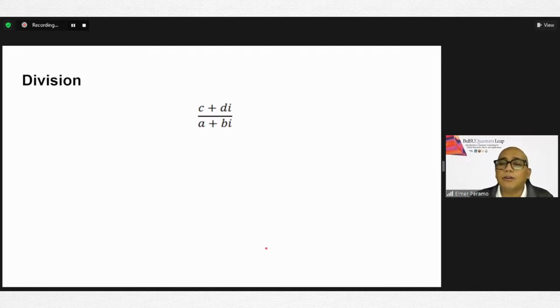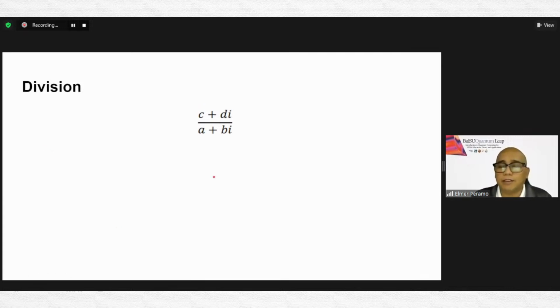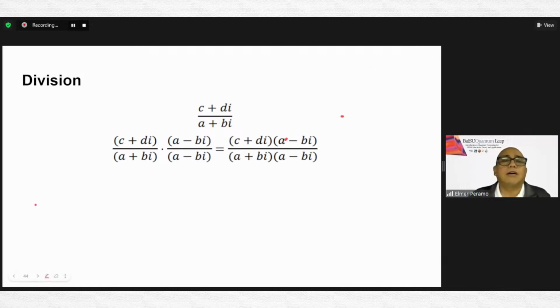Or you already know this, since a lot of you are engineers, probably have an idea of how to divide complex numbers. We will use the concept of conjugates here again. If you have two complex numbers, for example, C plus DI divided by A plus BI, we multiply it by 1, and that 1 is expressed as the ratio of the complex conjugates of the denominator.